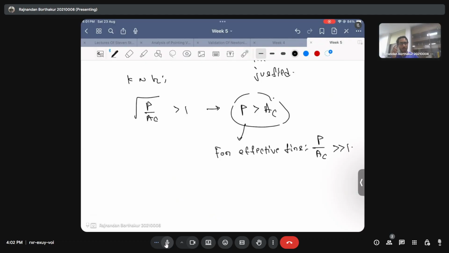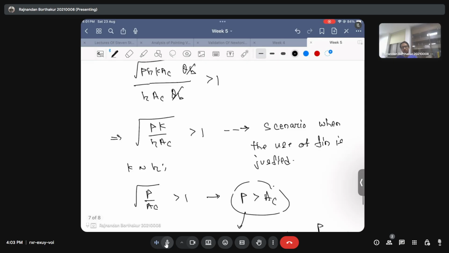Okay, and of course you can visualize this also. If you see the fin of a bike engine, you can see that its cross sectional area is very much less, but its perimeter is very much greater. So one of the design requirements when you are designing a fin is that your perimeter to cross sectional area ratio has to be greater than 1, and that again comes from the fact that your effectiveness has to be greater than 1.